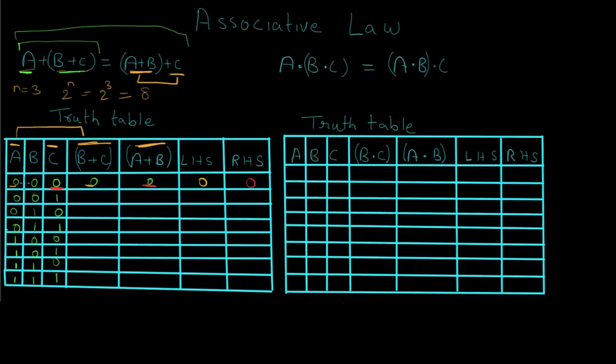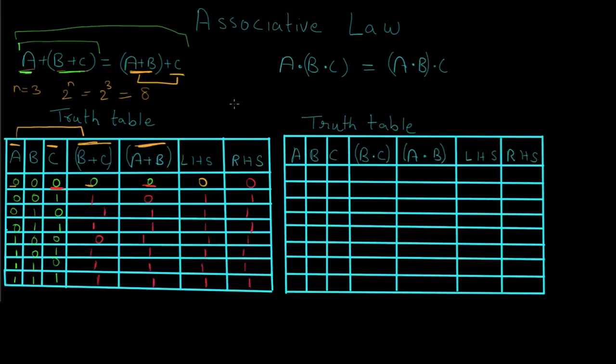Similarly, we have to calculate for all the other 7 cases. So I'll just quickly calculate by applying the basic Boolean algebraic operations, that is OR and AND operations. In this case, we'll be using only OR operations. B or C for case 2 is 1, A or B is 0, so LHS would be 1 and RHS would also be 1. So I'll just fill out these values and in the end we'll cross check whether LHS is equal to RHS.